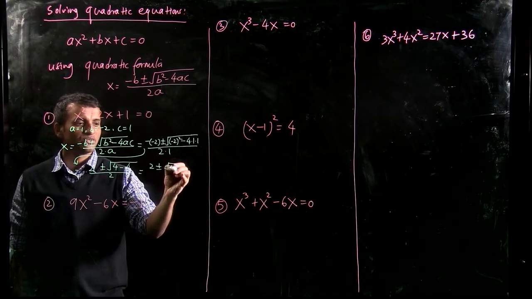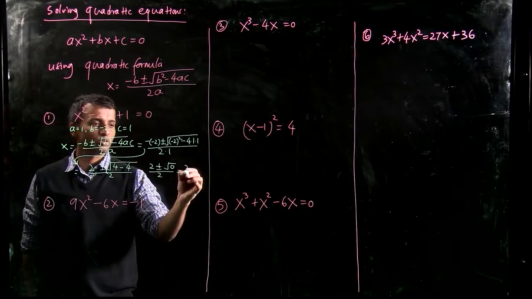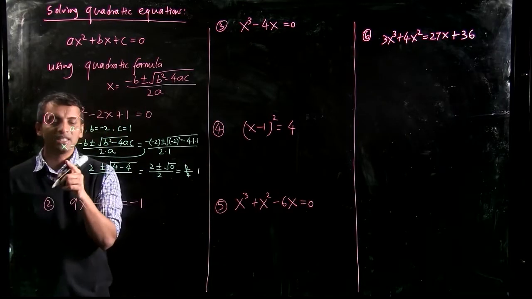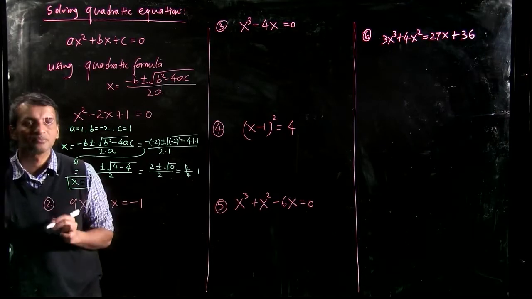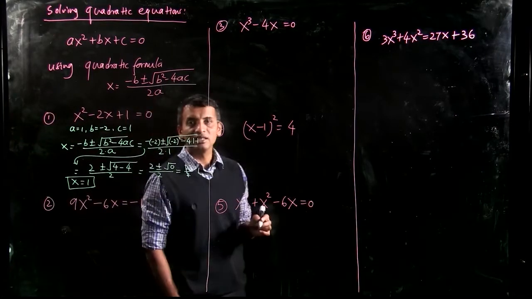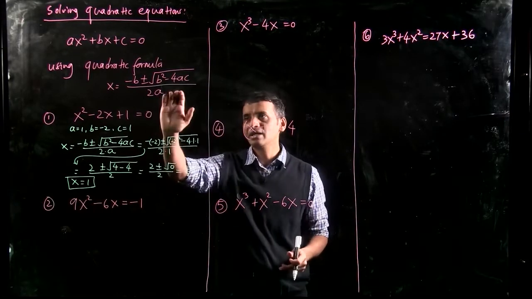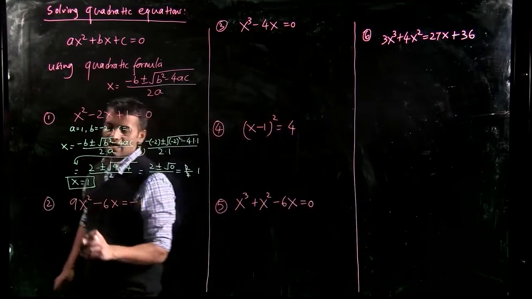It is the square root of 0, over 2. The square root of 0 is 0, so you just get 2 over 2, which is 1. So x equals 1 is the correct answer for this. Make sense? So basically you find a, b and c and you use that formula.